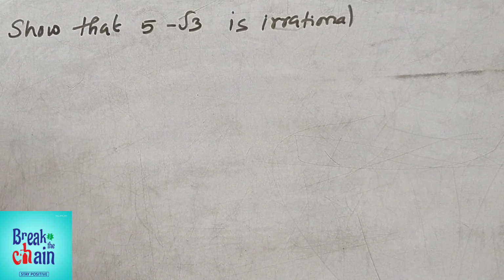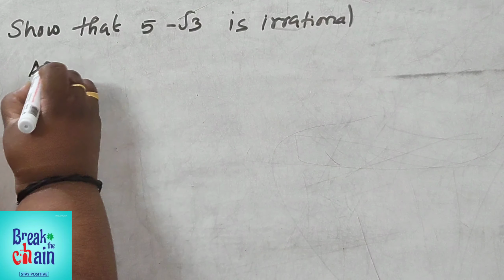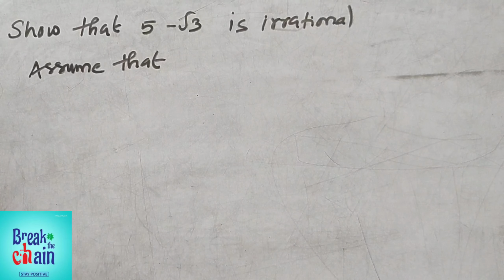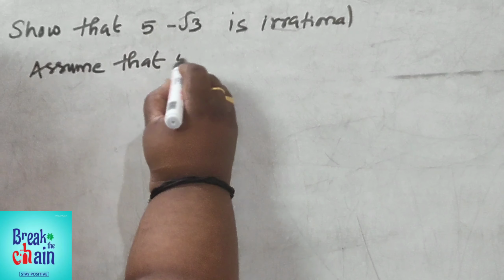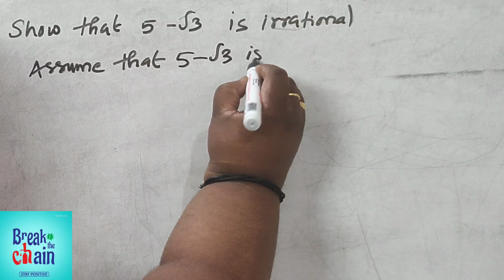Like the previous question, we can here also assume that 5 minus root 3 is rational. So assume that 5 minus root 3 is rational.